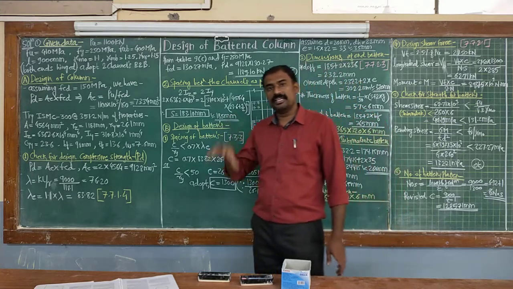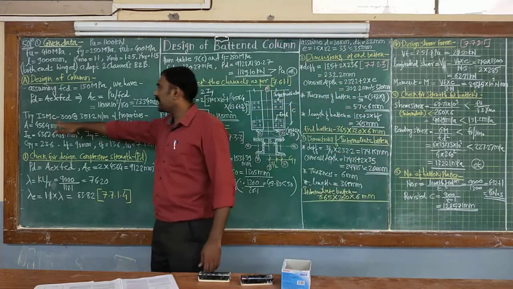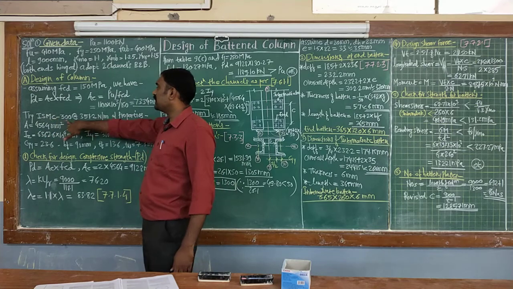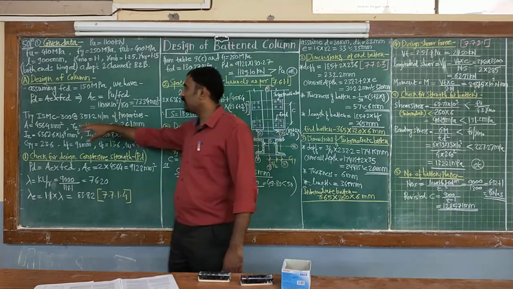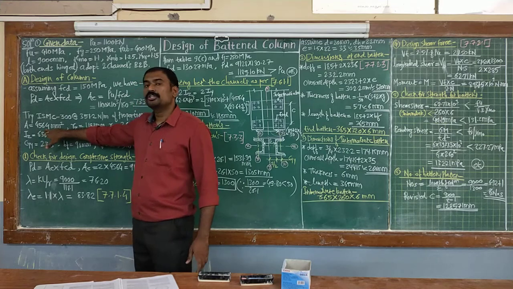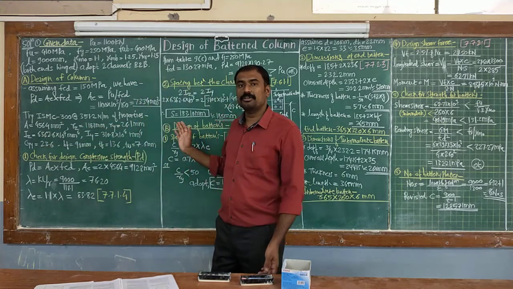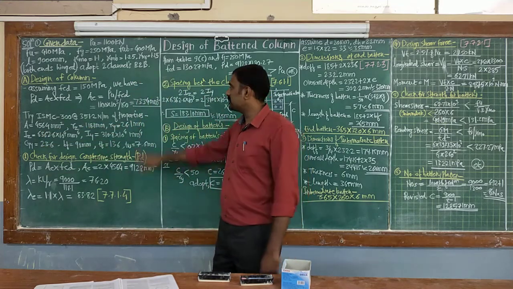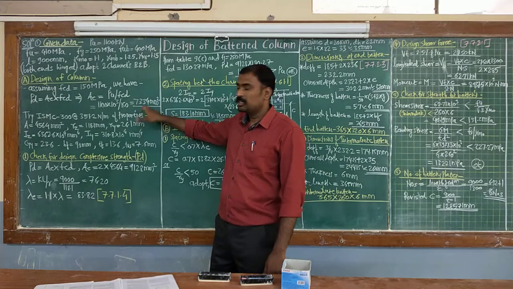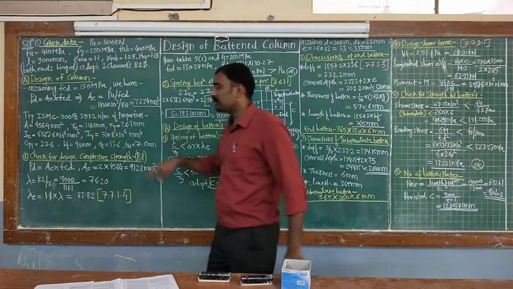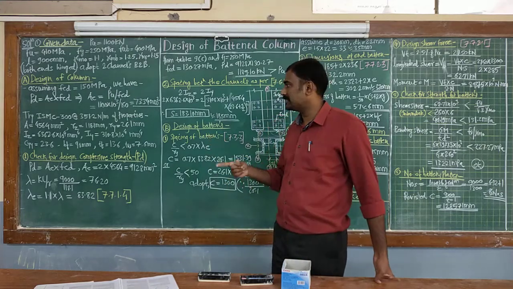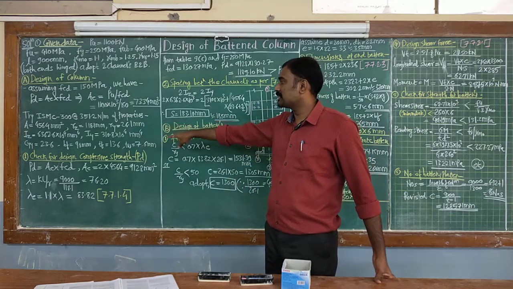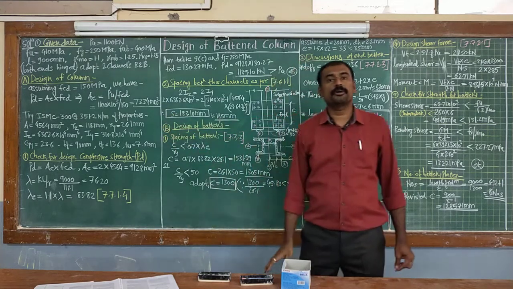Therefore based on that condition I am considering ISMC 300 at the rate 351.2 Newton per meter having properties. So area 4564. So considering both the areas, that will be equal to near about 9000 mm square, which is greater than your requirement, correct? So likewise all these details have least radius of gyration along z side, along y side, moment of inertia along z side, y side. Again the cross sectional details, width of flange, thickness of web, all values I have taken from your steel table or IS 808.